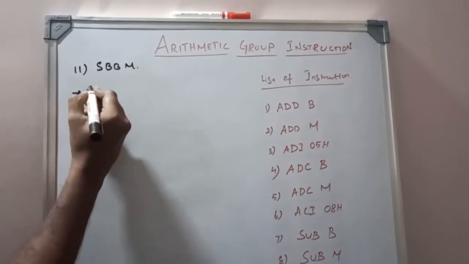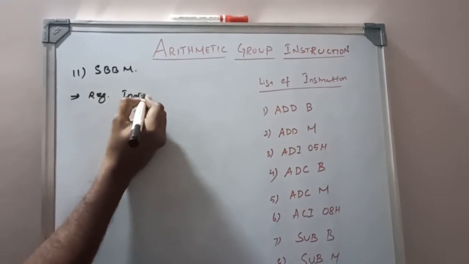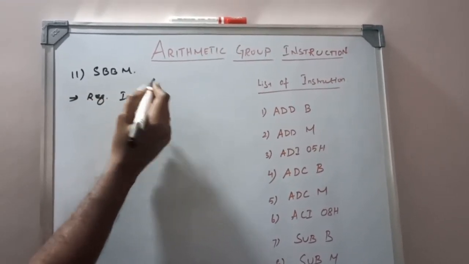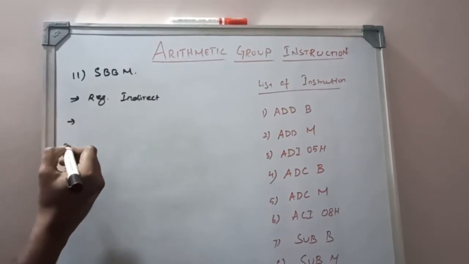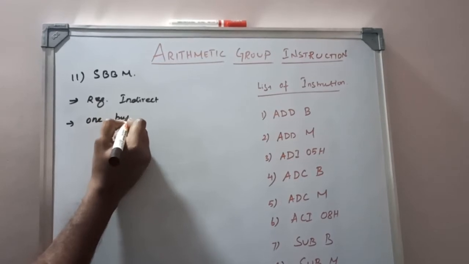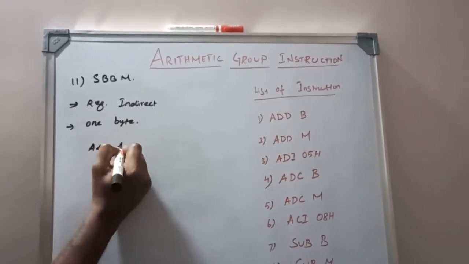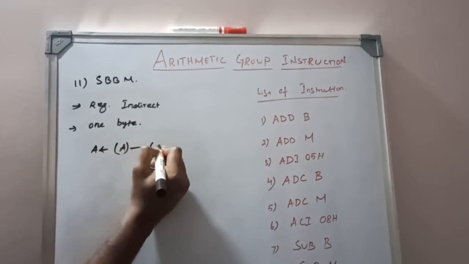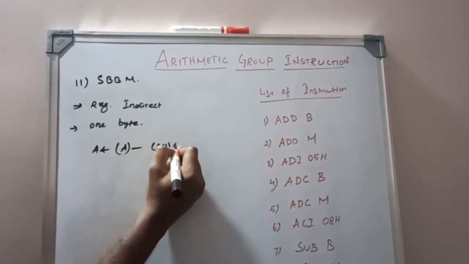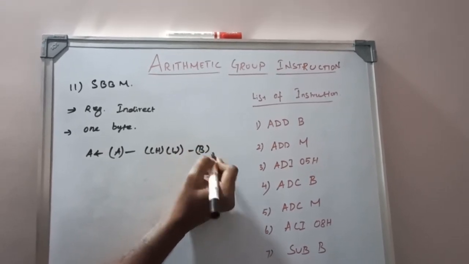The type of addressing mode: register indirect, because here we use the memory location. The byte of instruction is 1 byte. The function of the instruction: A minus HL minus borrow.